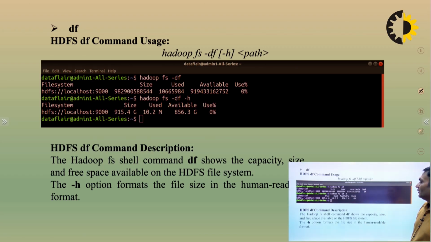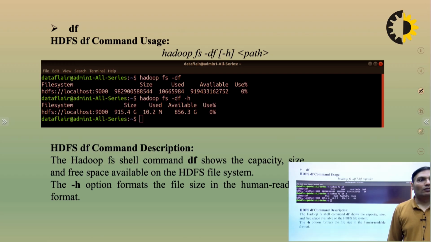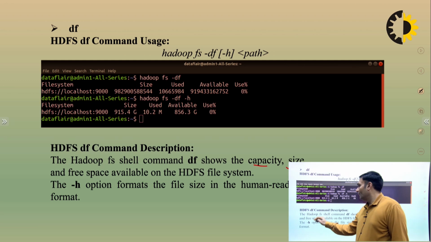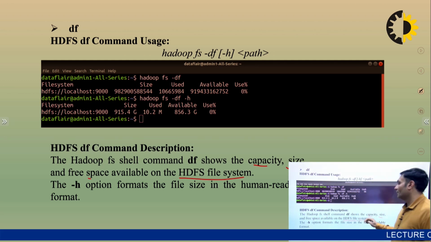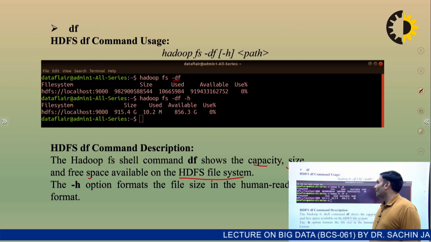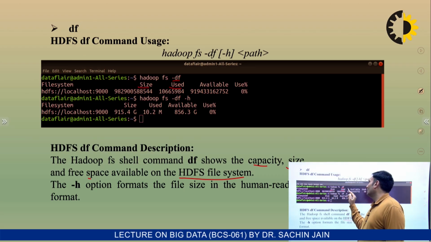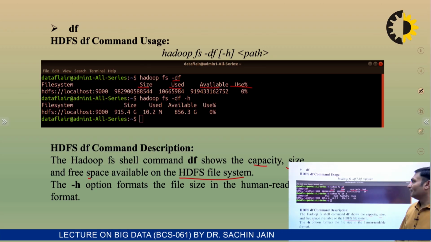Df command. The df command basically shows more information that is not shown by the du command. It will show the capacity, size and free space available in the HDFS system. So what will I write? hadoop fs -df. It will show the complete information. This is the size, this is used, this is available, percentage usage, right?